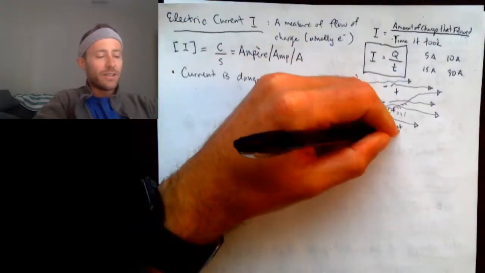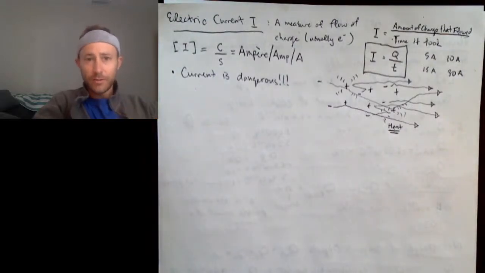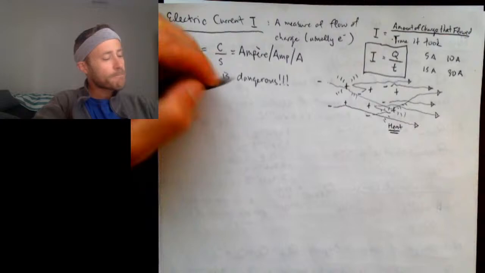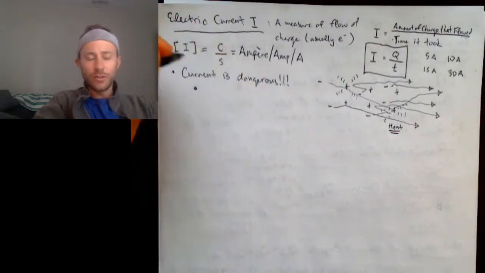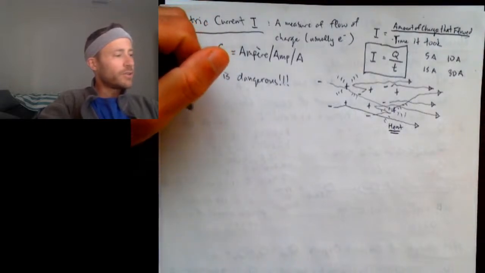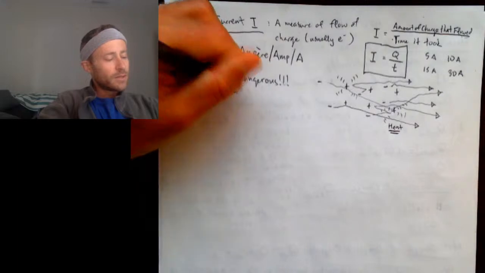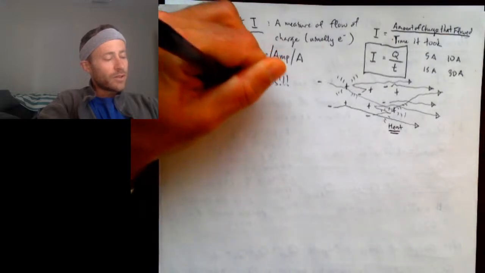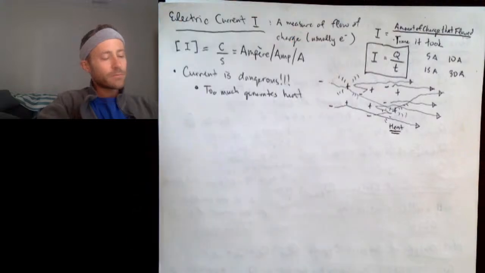So basically, when electric current is flowing through something, it gets hot. One of the reasons that electric current is dangerous is because it generates heat.